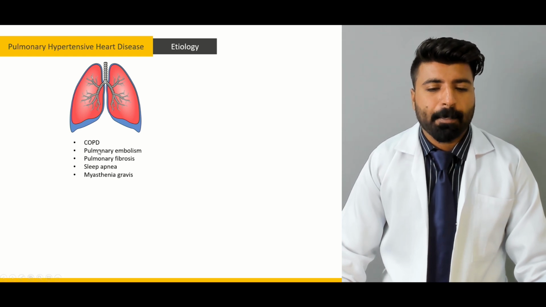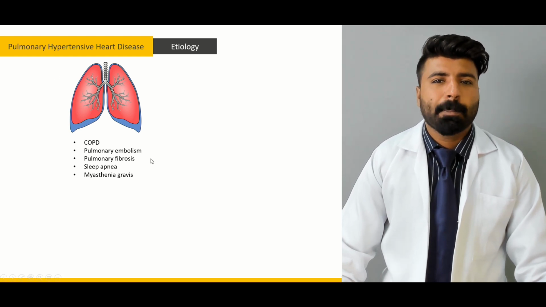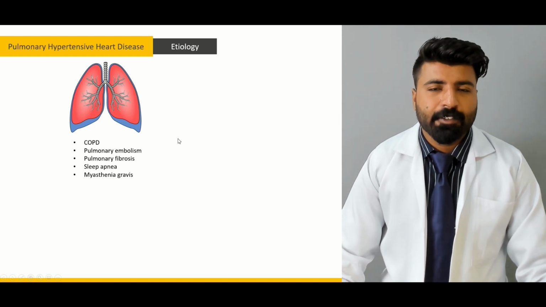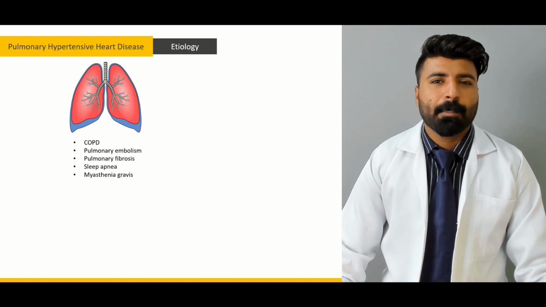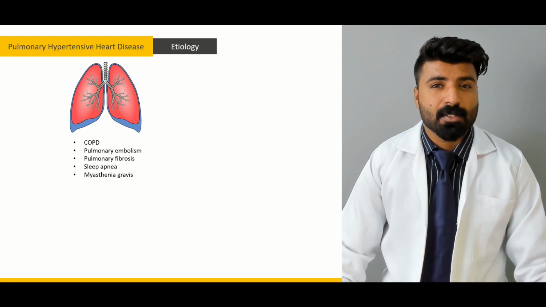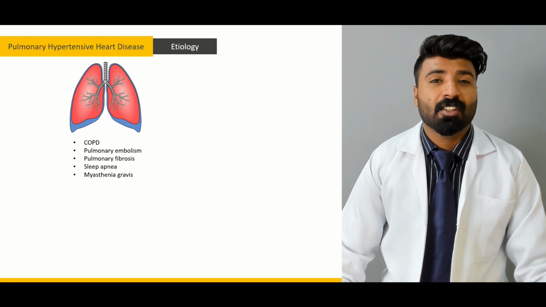Next on, sleep apnea. Sleep apnea, you must have heard the name but never the whole detail. What happens in sleep apnea? When a person sleeps, after some time, when the person goes into deep sleep, the person stops taking the air in.